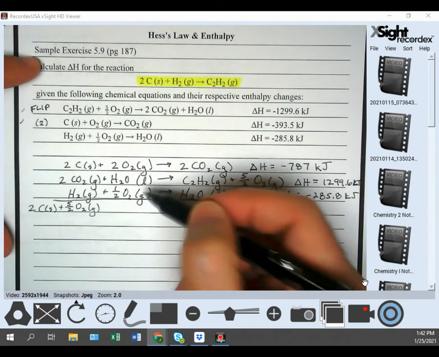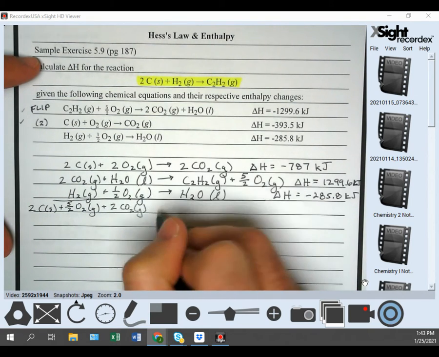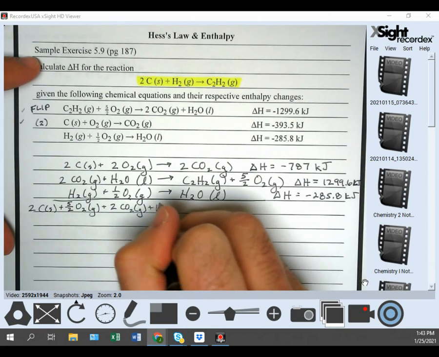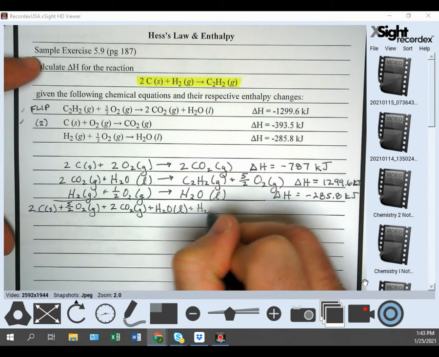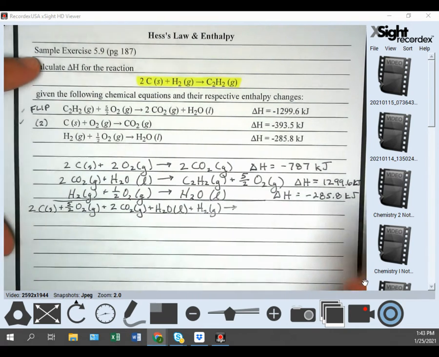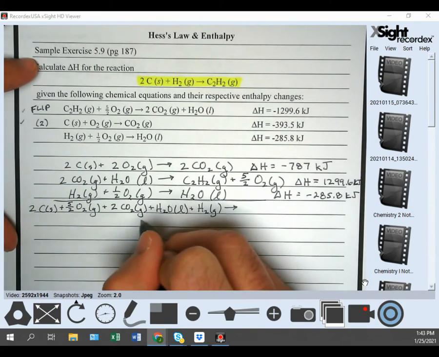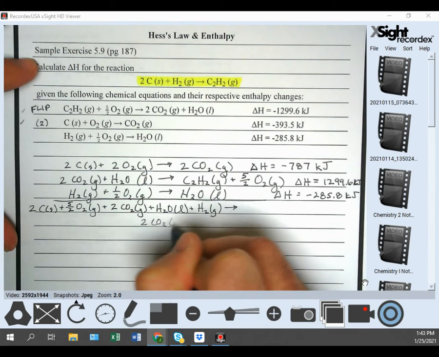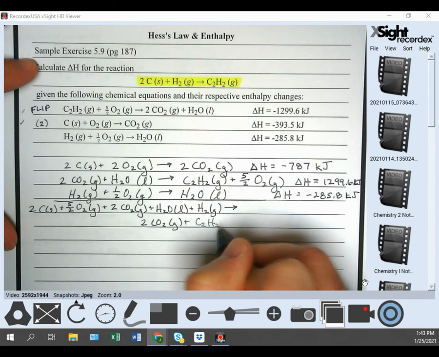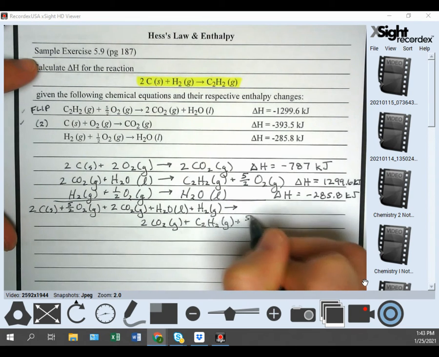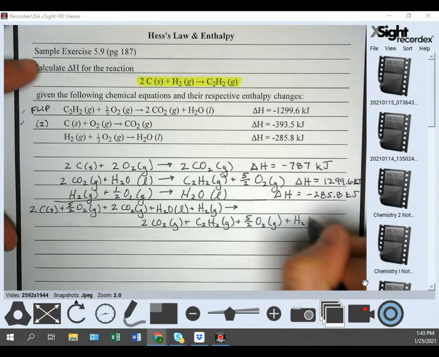Plus 2 CO2 gas plus H2O liquid plus H2 gas yields, I'm going to write down here because I'm going to run out of room, 2 CO2 gas plus C2H2 gas plus 5/2 O2 gas plus H2O liquid.